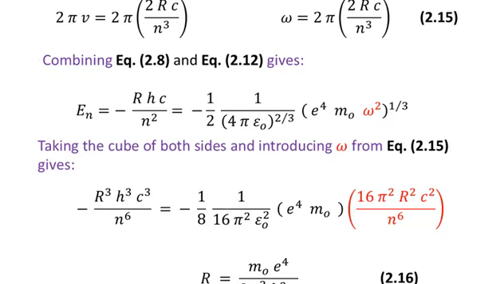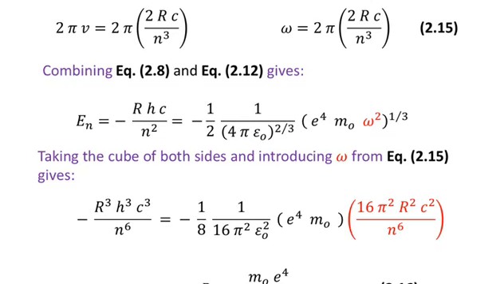So let's take the cube of both sides of this equation, so that we can introduce omega from equation number 15, that is from equation number 2.15.